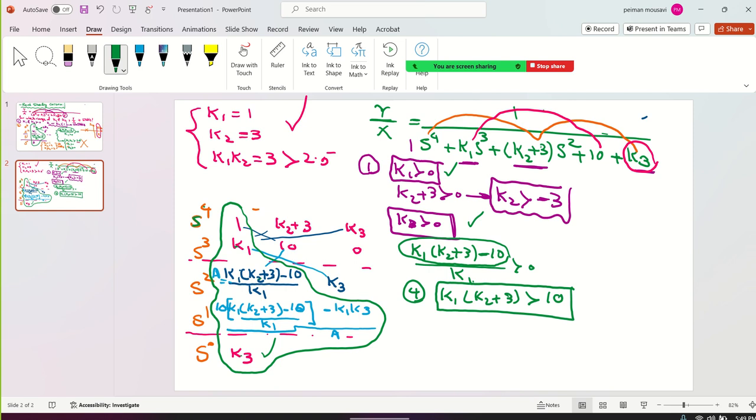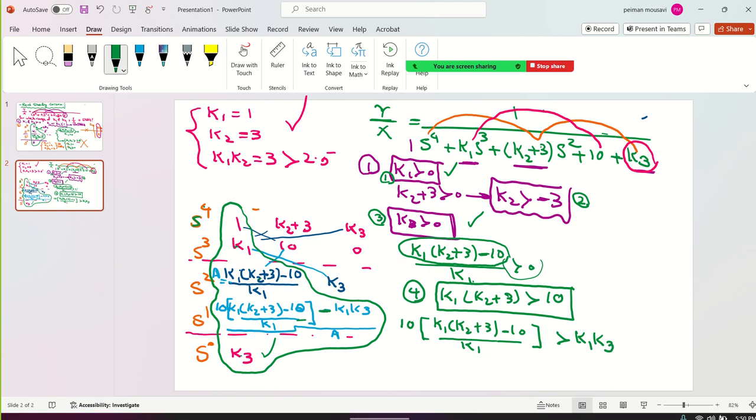We got it? So this is the first condition, second condition, third condition. This is the fourth condition. Now this: when this is greater than 0, the a in the denominator here must be greater than 0. What? 10 times (K1 K2 plus 3 divided by K1 minus 10) must be greater than K1 K3.